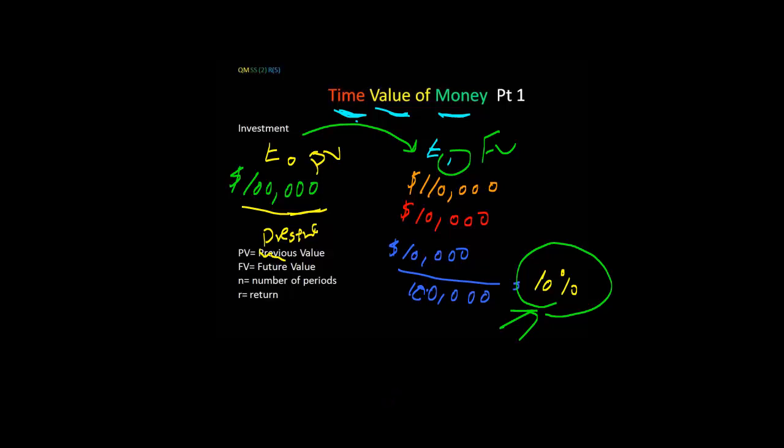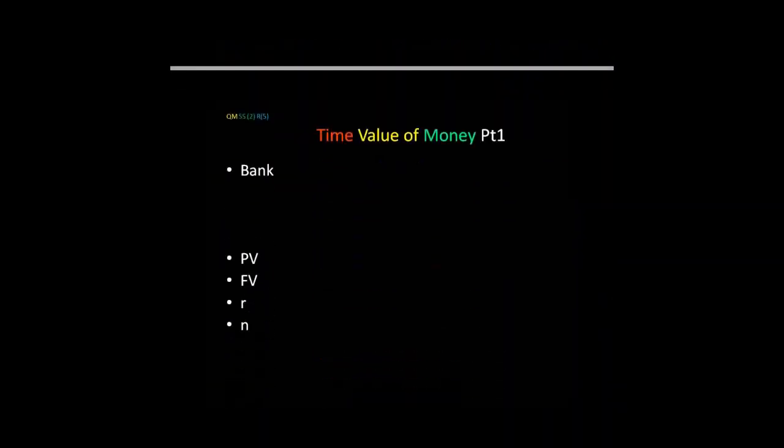Now let's take another example. This time it involves a bank. Now we have a T0. We placed our monies in the bank at T0, so let's assume it's today, and we deposited $100,000. At T1, the bank gave us $110,000.